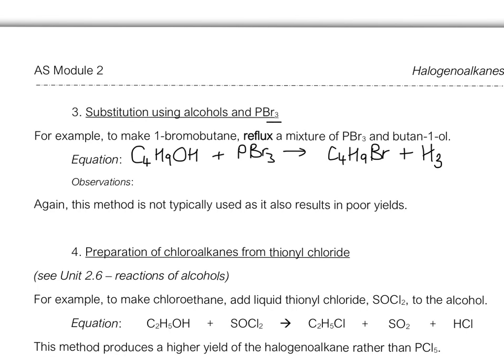Notice it's not phosphoric acid, it's phosphorus acid. And to balance that, obviously we've used 3 bromides here, and so I need a 3 in front of this, and I balance that by putting a 3 in front of here.